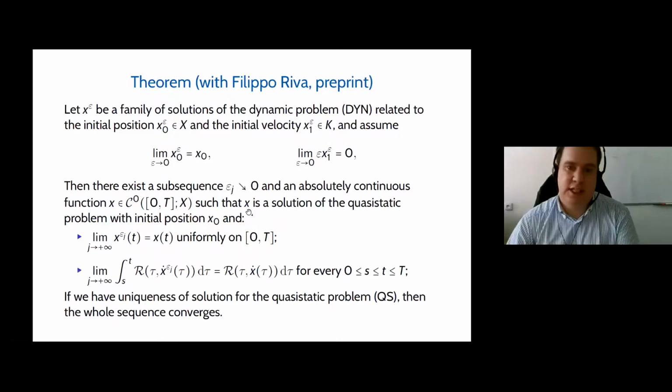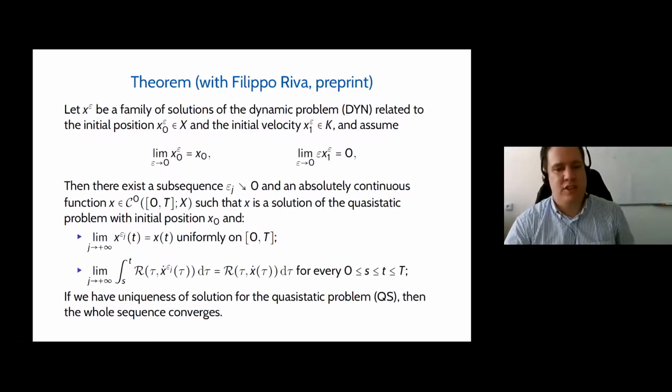This function is a solution of the quasi-static problem with the desired initial condition. And this convergence is uniform on compact times. So for periodic behavior, you can think uniform in the period.